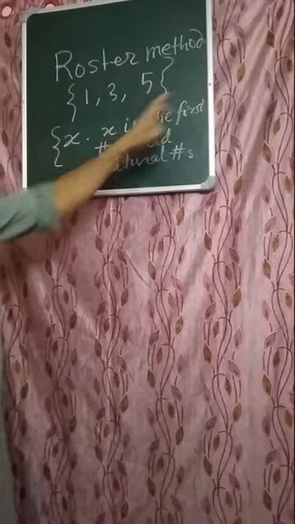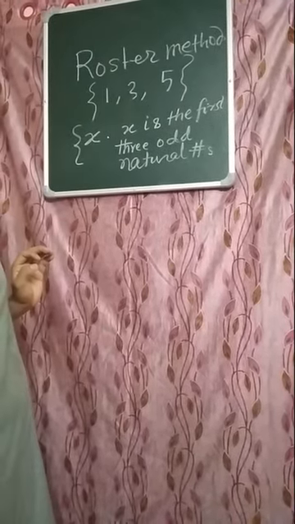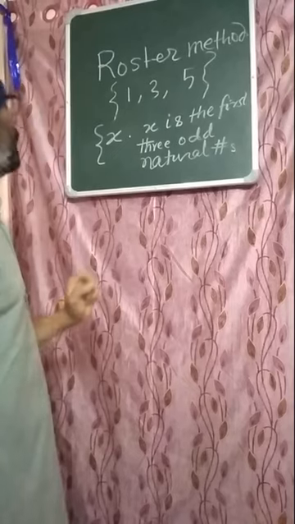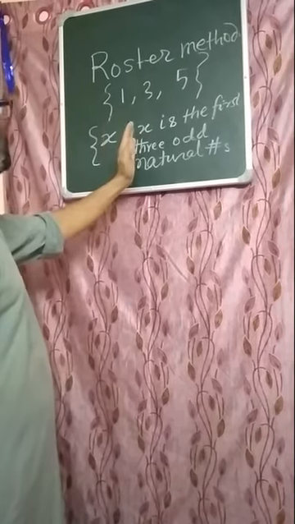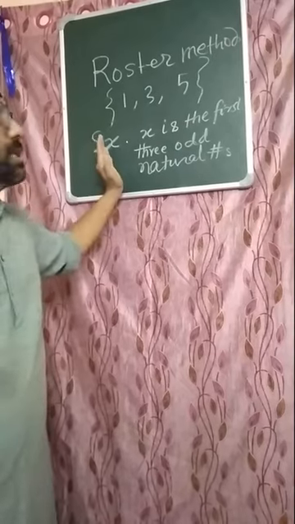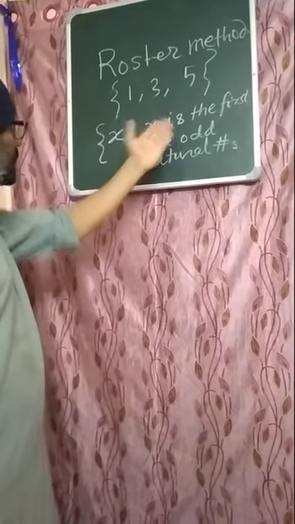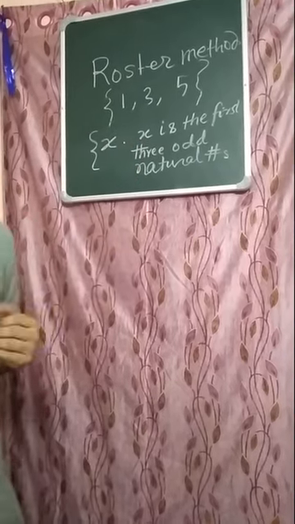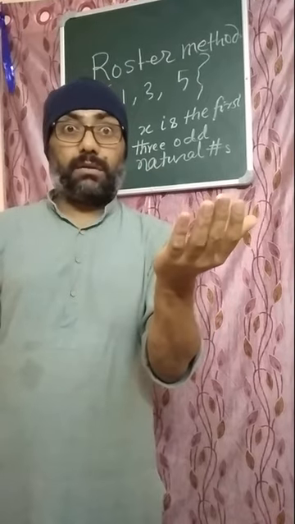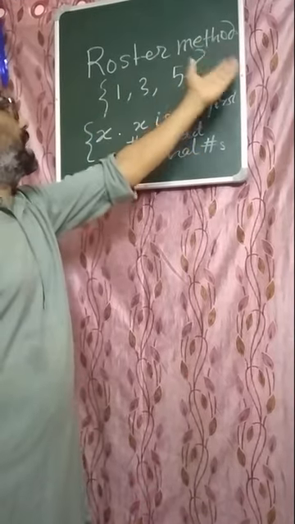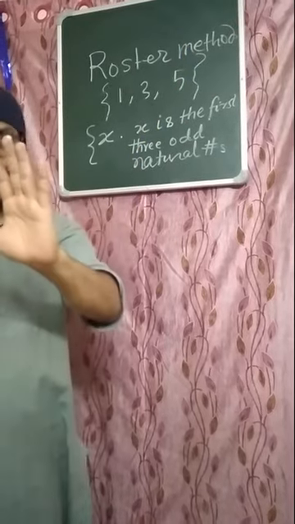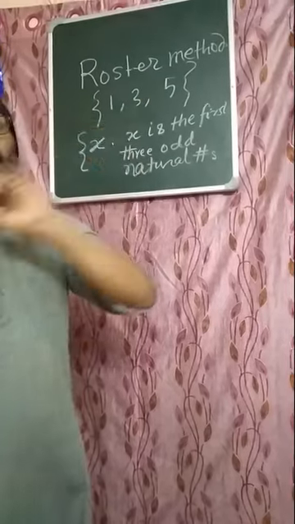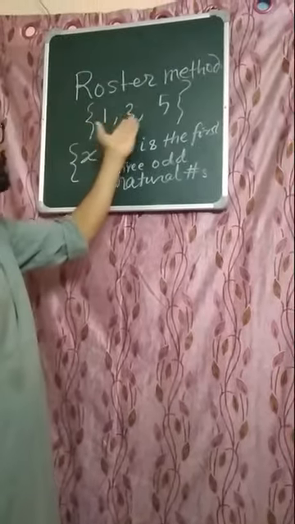So, if this expression is given, then also this set represents this one. Why? Because only those elements are contained in this set which possess this property. What is the property? X should be the first three odd natural numbers. So what are the odd natural numbers? 1, 3, 5, 7, 9, 11, 13, etc. You know about that. So this set contains the first three odd natural numbers, 1, 3 and 5.